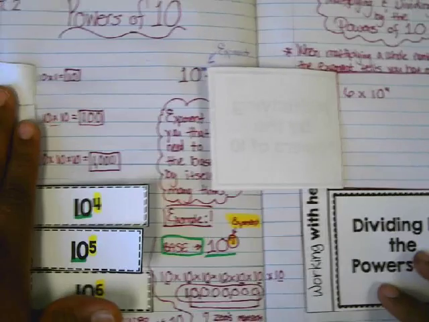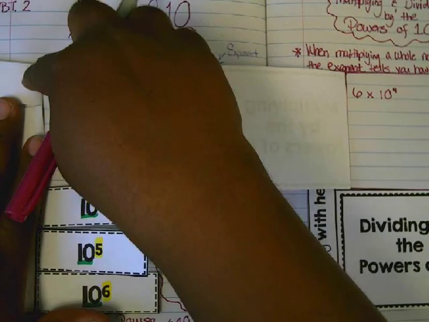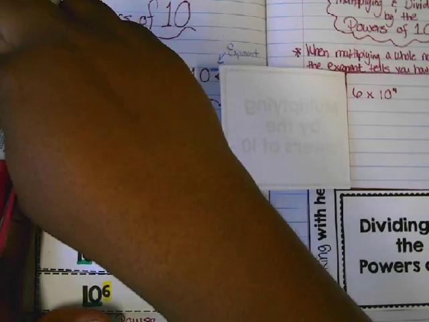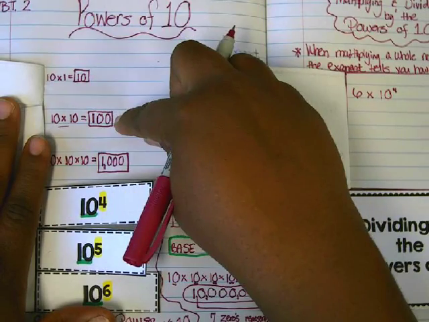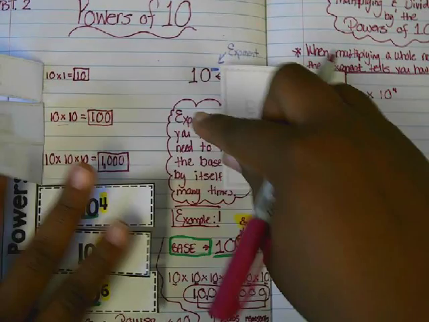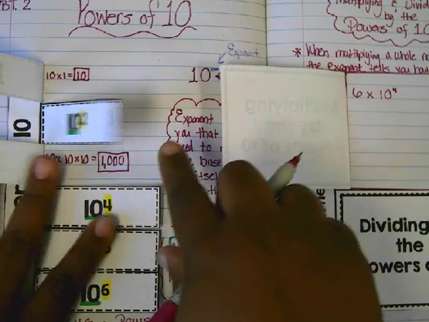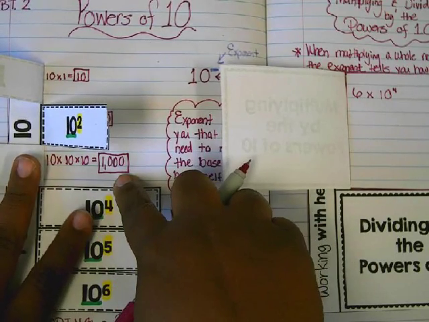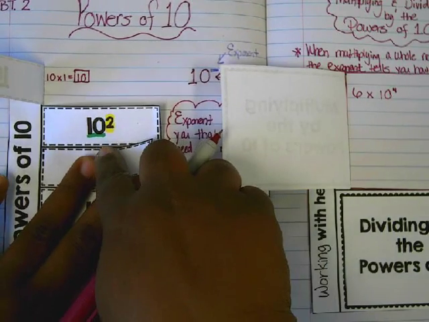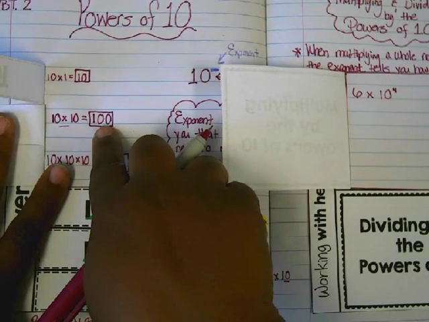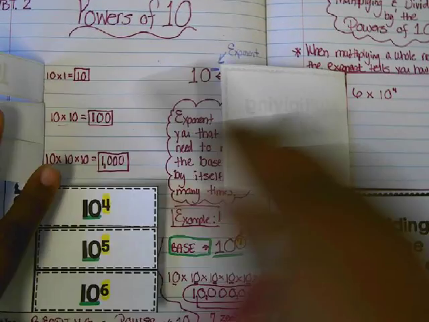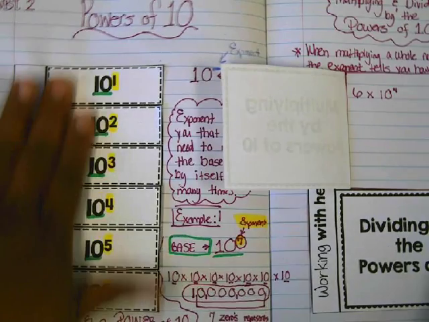For each power of 10, the exponent related to the number of zeros we had in our product. So if the exponent was 3, our product, 1,000, has 3 zeros. If the exponent was 2, our product, 100, had 2 zeros. So you start to see that pattern over there.